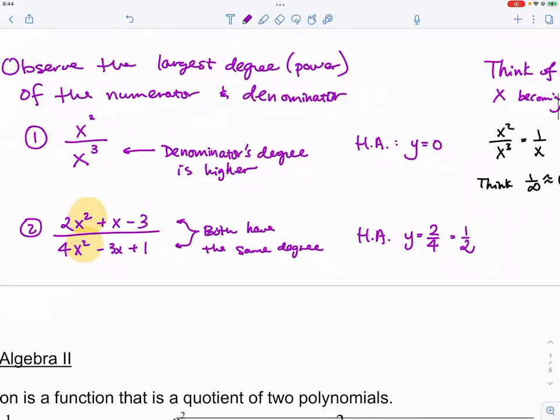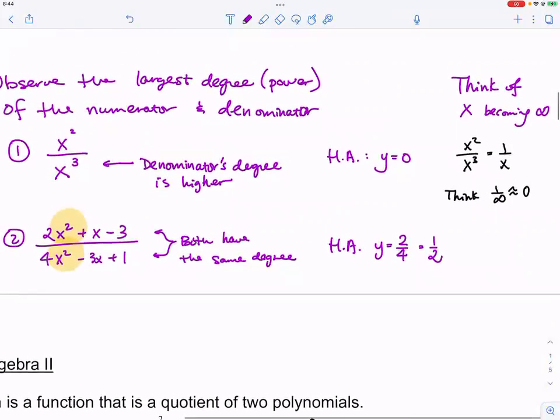Okay. And the idea behind this is, let's see if you can think about this conceptually. If you have x being infinity, does the minus 3 matter? It's just like if you are very rich, would losing $3 affect your life? Not really.